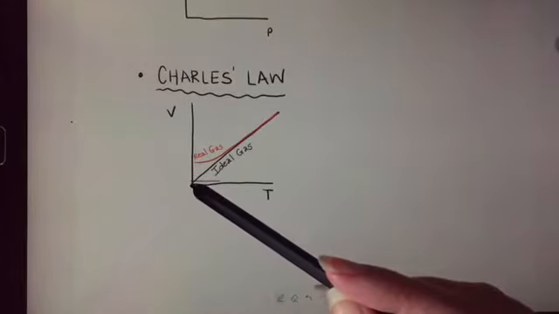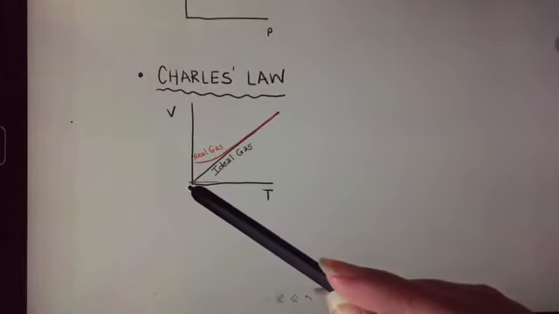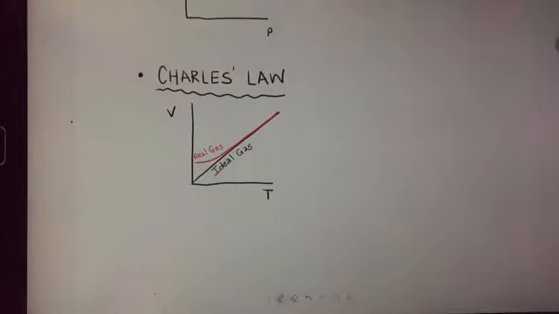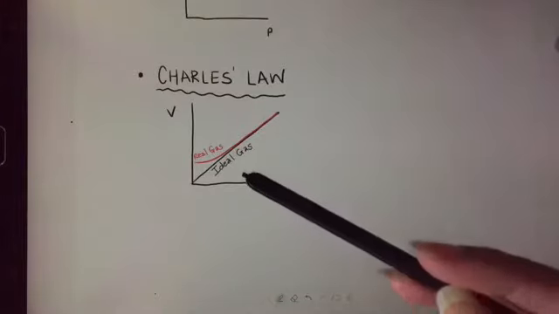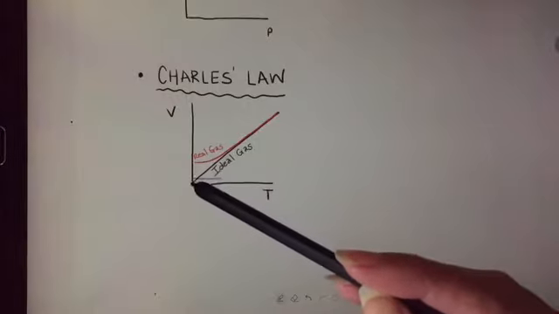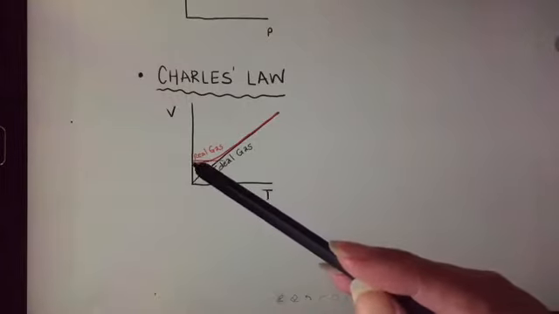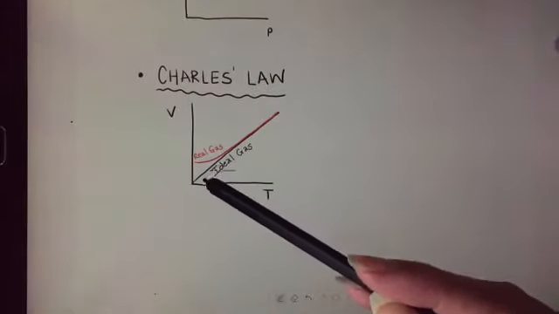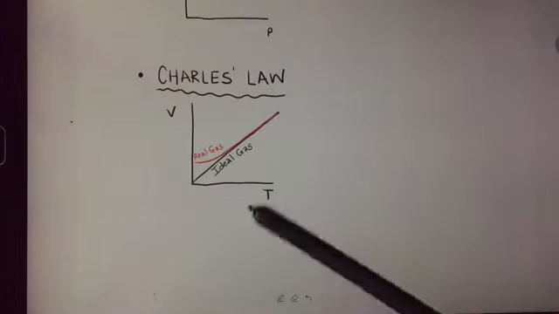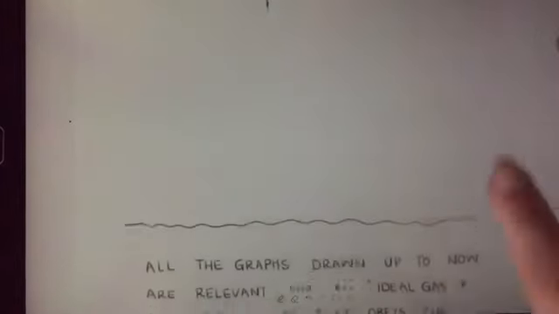So it doesn't occupy a volume at all. And we know that that can't be possible, because it doesn't matter how small the gas particles are, they do occupy volume. And that is why here you can see that at very low temperatures, your real gas will occupy some volume compared to your ideal gas prediction that says at zero temperature, the volume occupied is 0 as well.